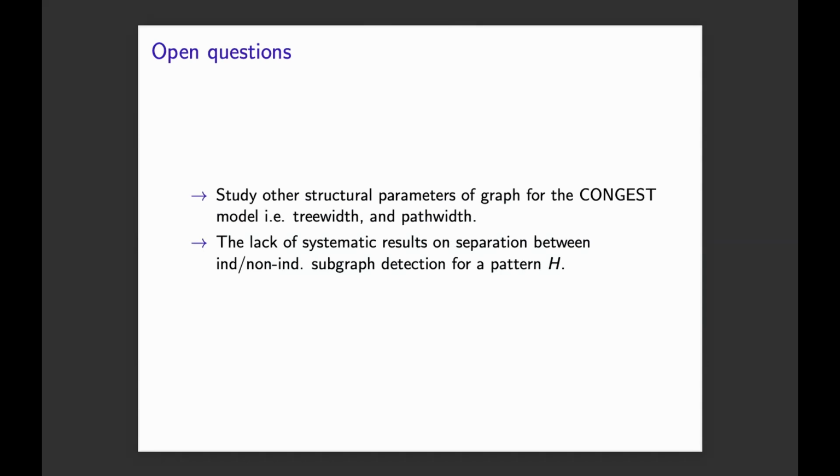So it's natural to ask about translating our results for tree width and path width. The other open question can be about a framework that separates very well between the non-induced and induced case in general. As far as we know, we lack such a systematic result for this separation.